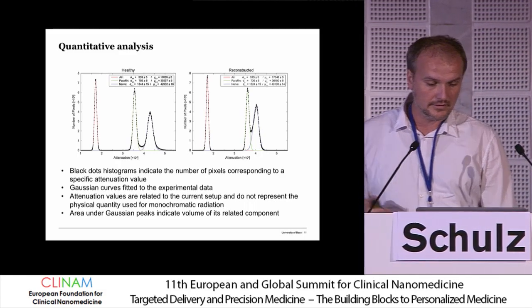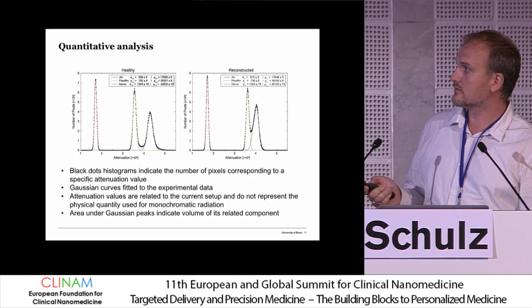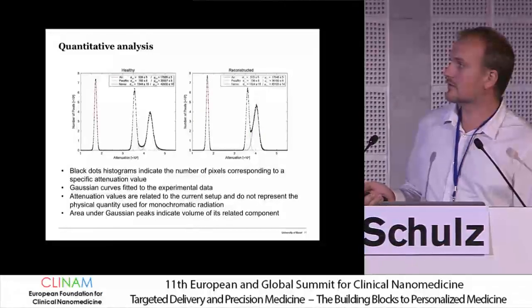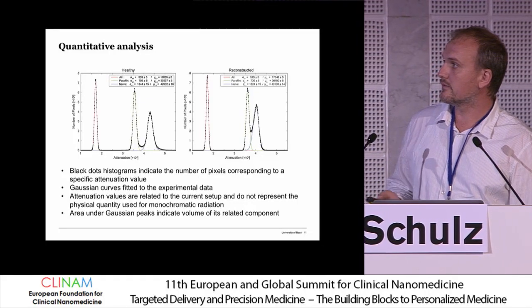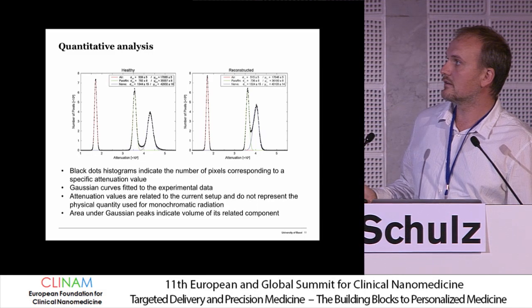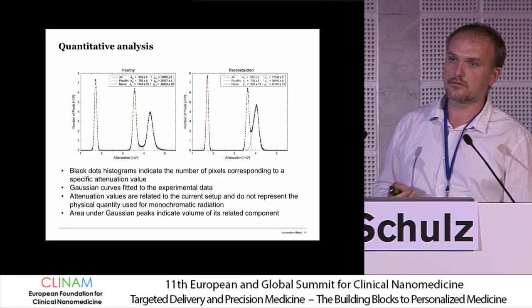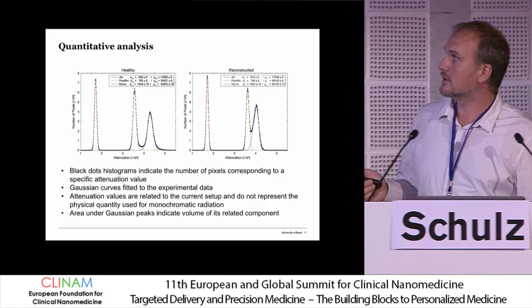If you have a look at the histogram of the 3D data sets, the black dots in this graph, the peaks in the graph correspond to specific attenuation values or to specific structures of the specimen.